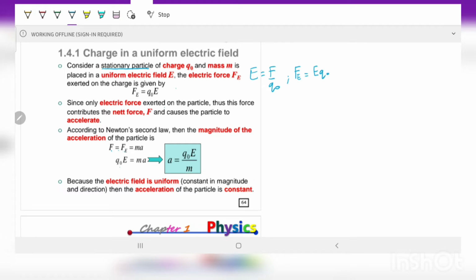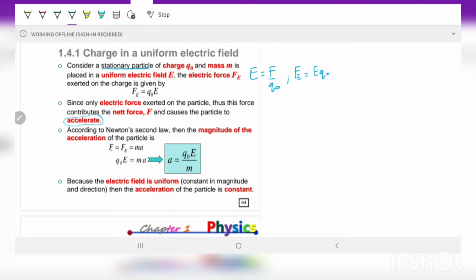So since the electric force is exerted on the particle in this kind of situation, thus this force contributes the net force F and causes the particle to accelerate. Since dia melibatkan motion, ada acceleration.